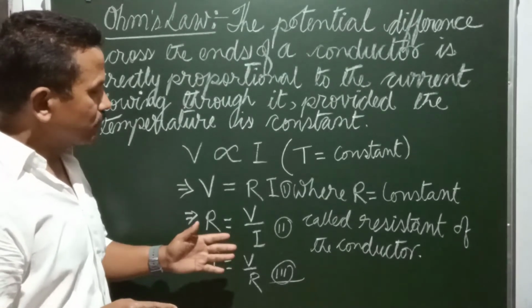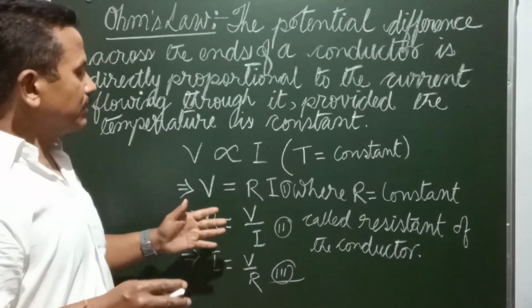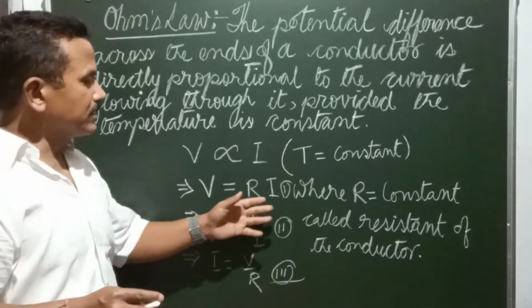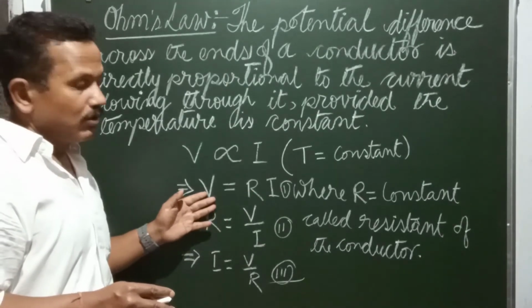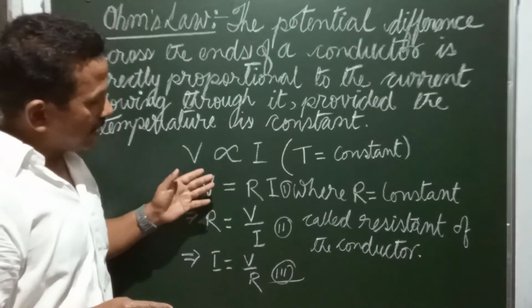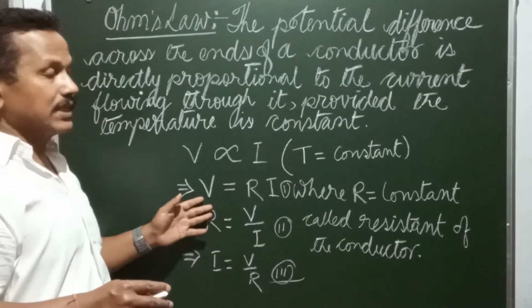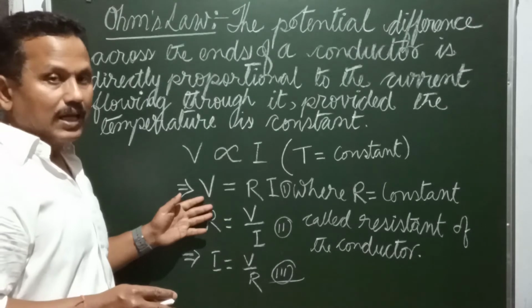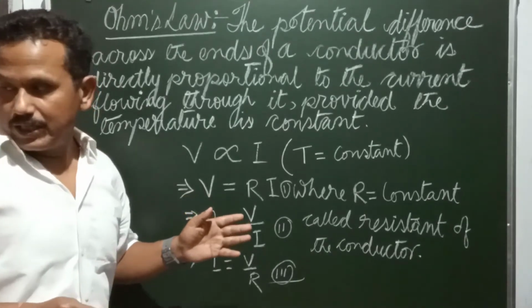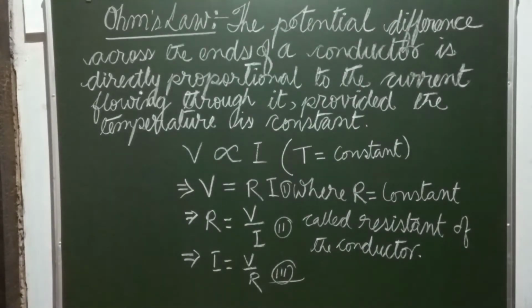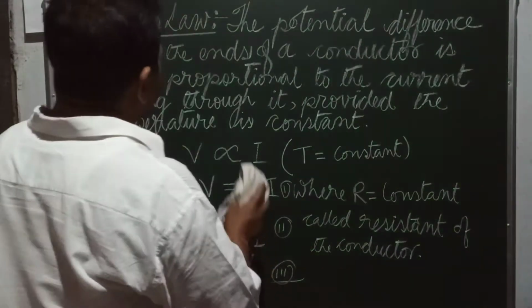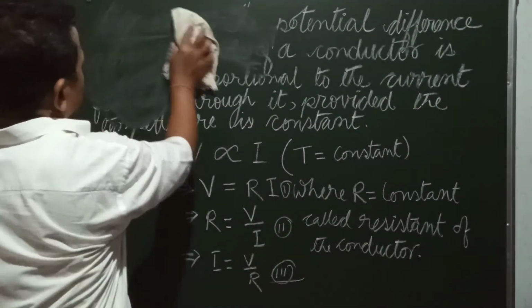Now, I wanted to show you whether current increases or not when potential difference gets increased, or whether current decreases or not when potential difference gets decreased. Let us try to see it in a simple way. Just a minute. Let me rub the law because of space problem.